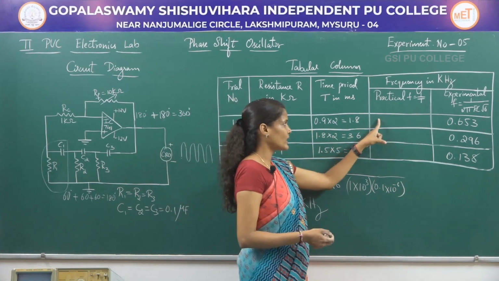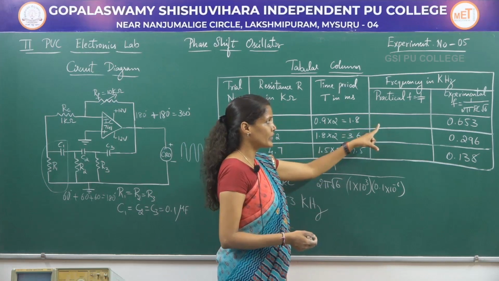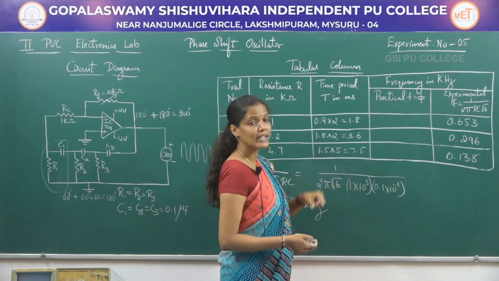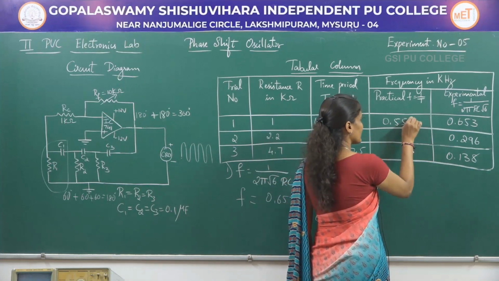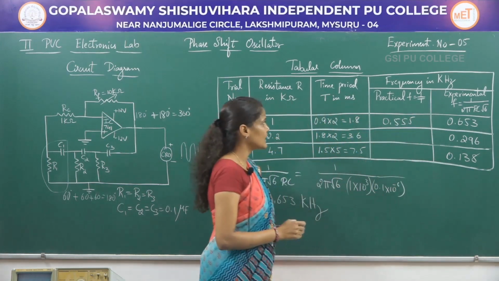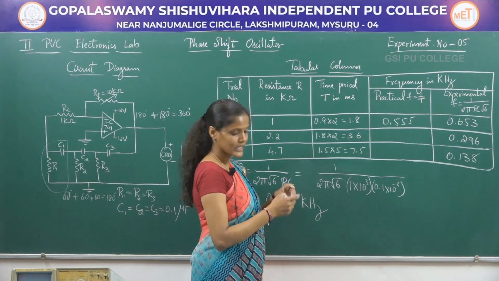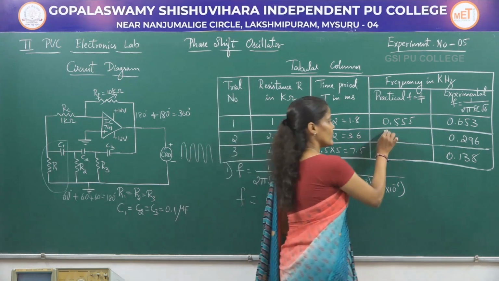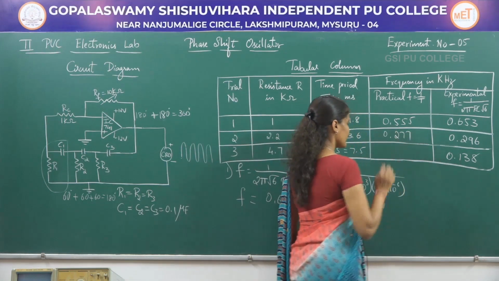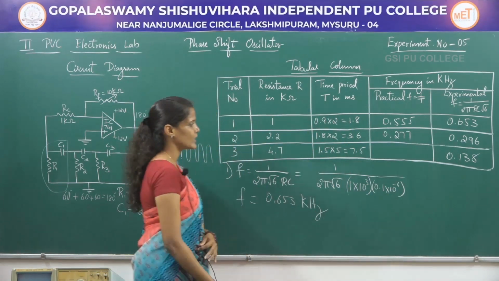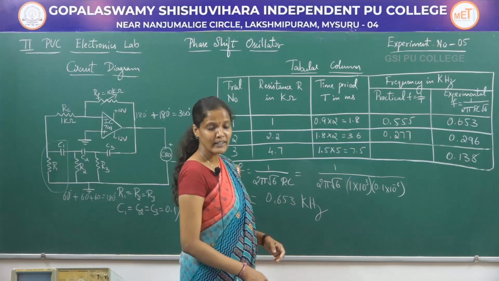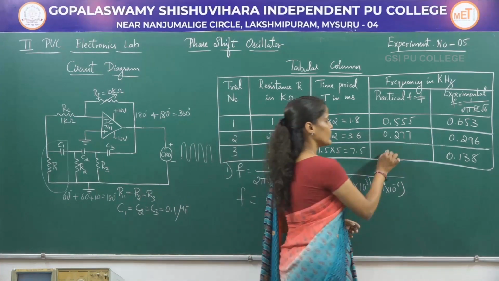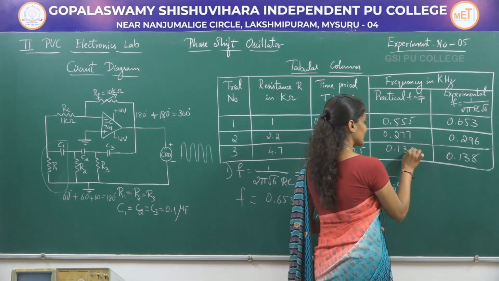For the very first trial, practical frequency f is equal to 1 divided by 1.8, whose value is equal to 0.555. For the second trial, when t is equal to 3.6, frequency is equal to 0.277. And for the last trial, when t is equal to 7.5, practical frequency f is equal to 1 divided by 7.5, which is equal to 0.133.